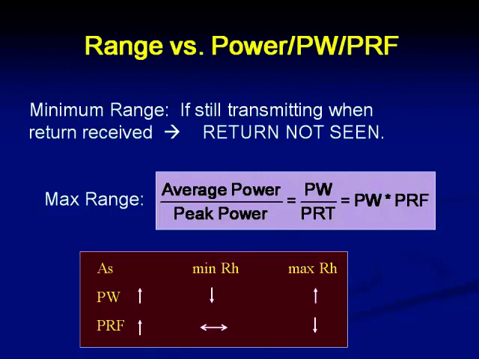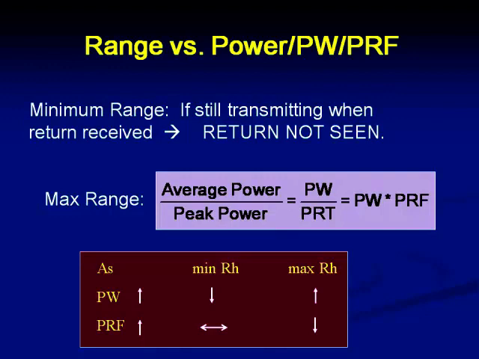On the other hand, if you increase the pulse repetition frequency, as the pulses are packed close by, you will not have sufficient time between two pulses to receive the signals from far off targets, and hence the maximum range gets reduced. So pulse repetition frequency and pulse width have a direct bearing on the maximum range that can be handled by a radar system.